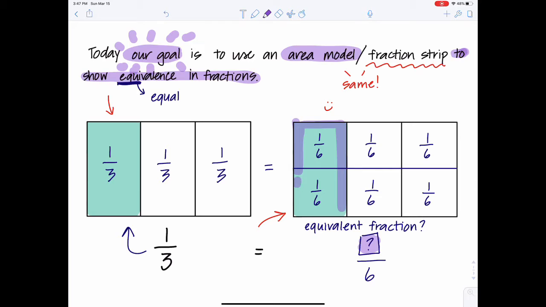We have 2 shaded parts. So we know that 1/3 on the left is equal to 1/6 plus 1/6, or 2/6. Cool? Yep, very cool. Let's keep going and move on.